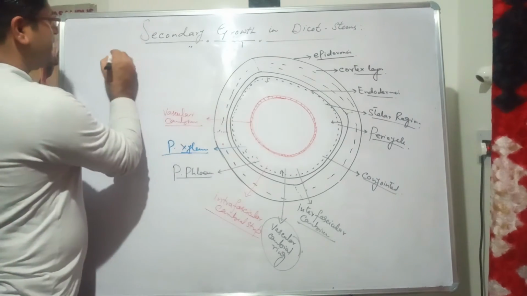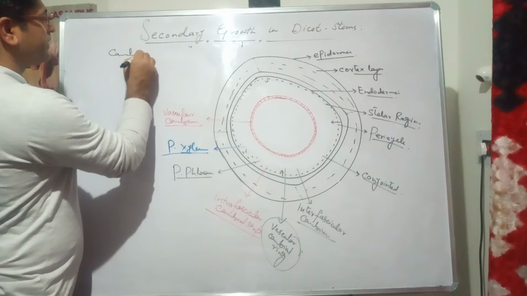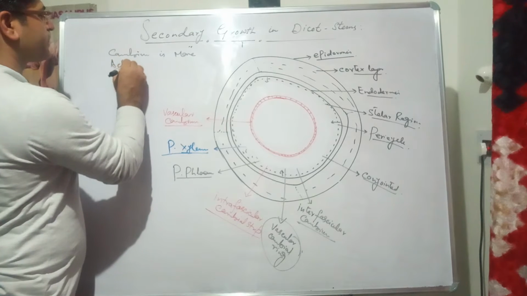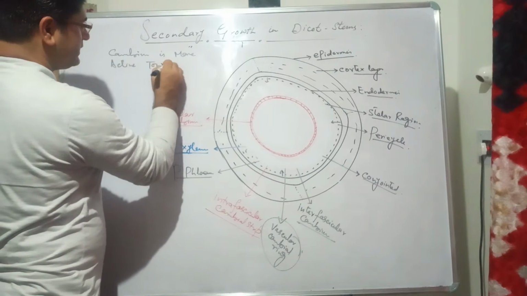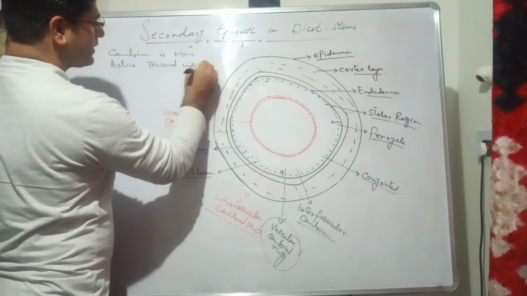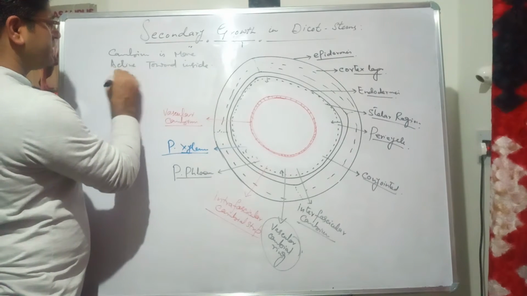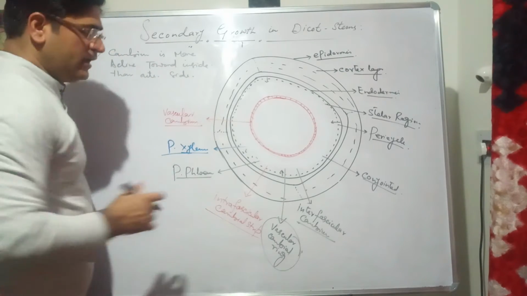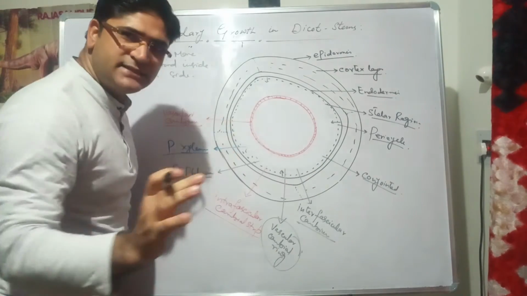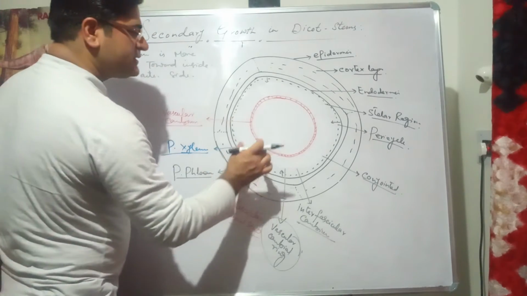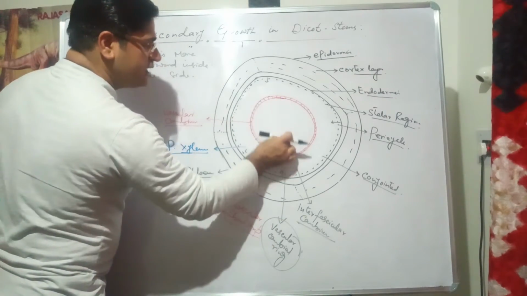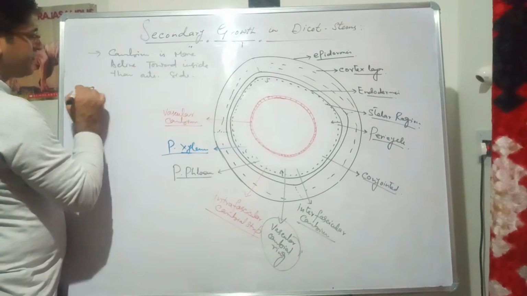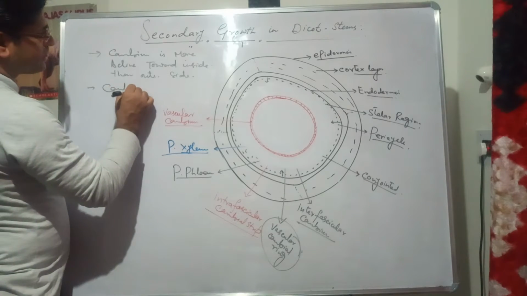Remember, the cambium is more active towards the inside than the outer side. Remember this one point about the cambium: when it divides the cells, it divides them more rapidly inside than on the outer side. That is the first thing.